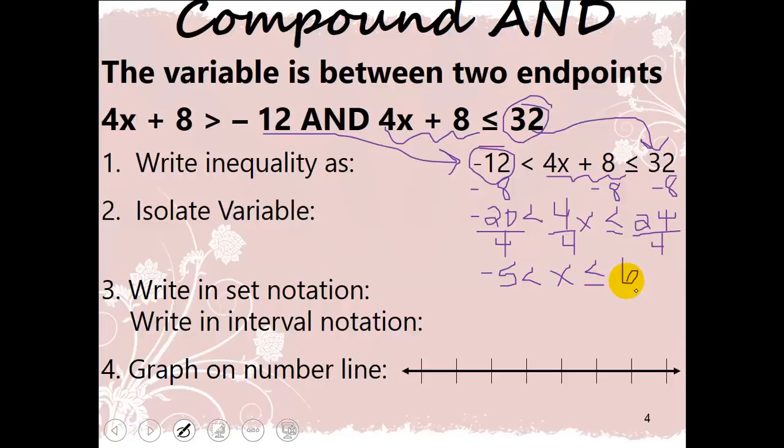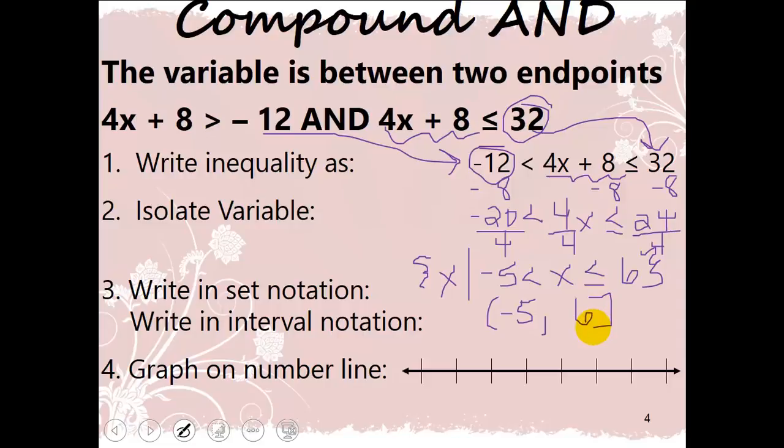To write in set notation, all I do is add the good stuff, my braces, and my vertical line. To write in interval notation, I have my smallest number is negative 5. That is excluded. And then my biggest number is 6. That is included.